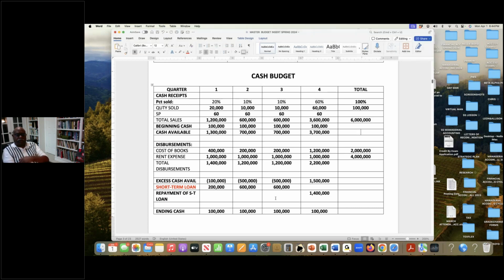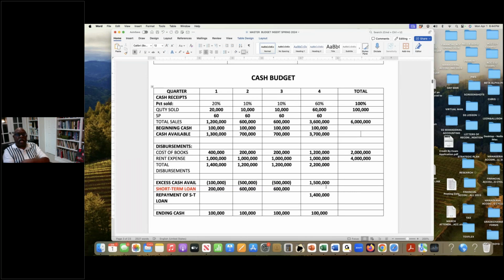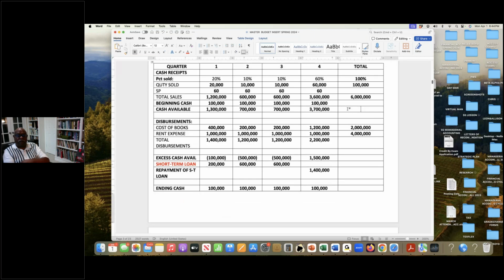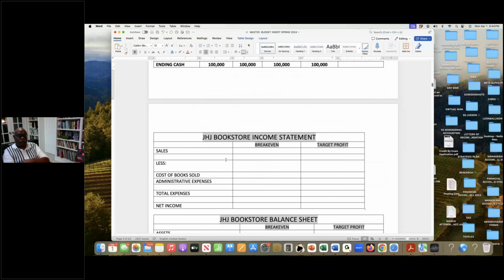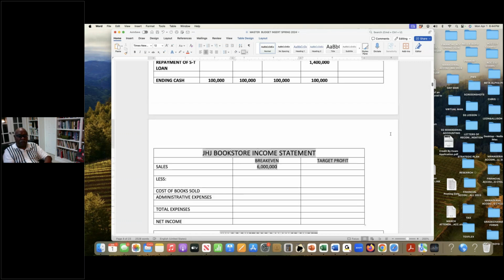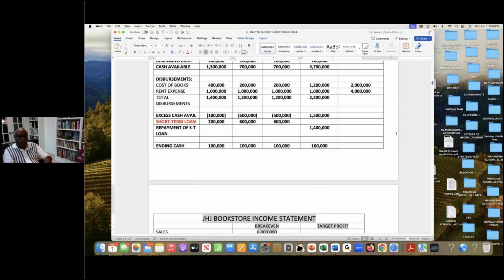Okay, so we got the cash budget done. This is what it looks like. So the banker says, okay, I see that. I want to see the income statement. And we just prepared it, right? The sales were what? 6 million. The cost of books sold was 2 million.